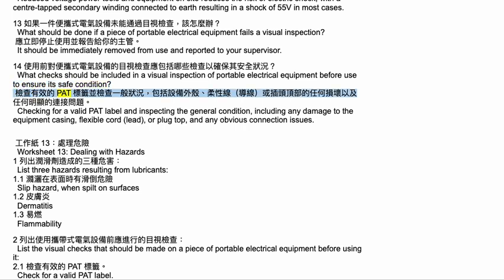Checking for a valid PAT label and inspecting the general condition, including any damage to the equipment casing, flexible cord, lead, or plug top, and any obvious connection issues.